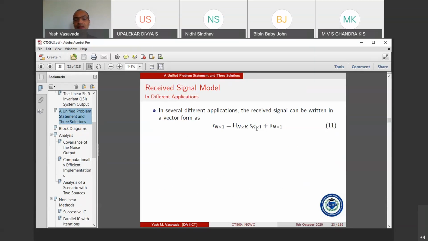And the answer is that they are not maximum likelihood methods because of a very crucial aspect of this equation 11. And that aspect is that this S, the vector S, is not continuous. It is not an analog vector S. It is discretized.